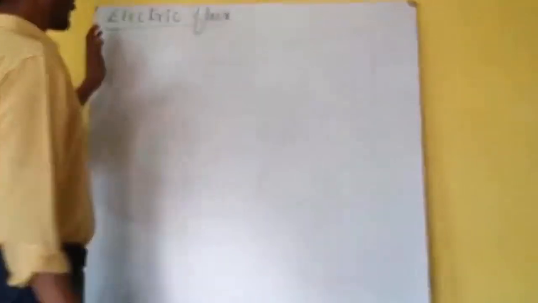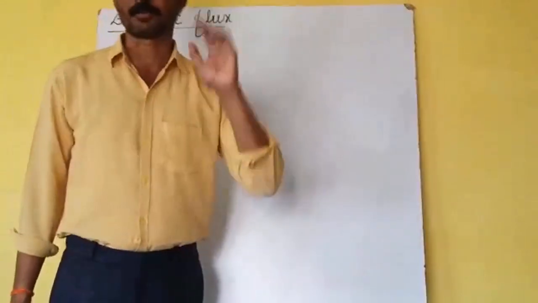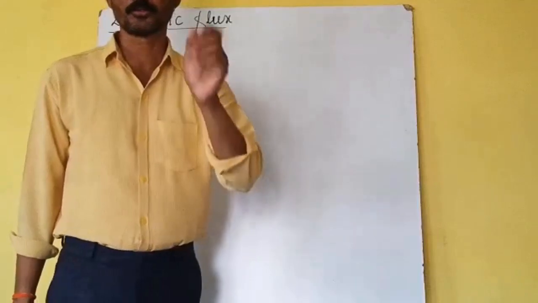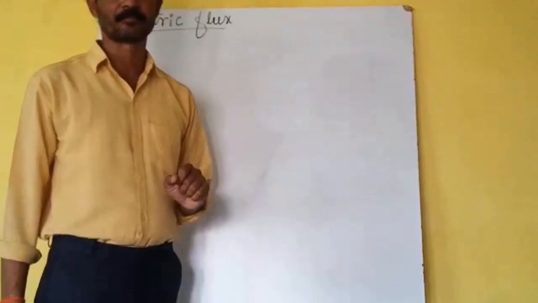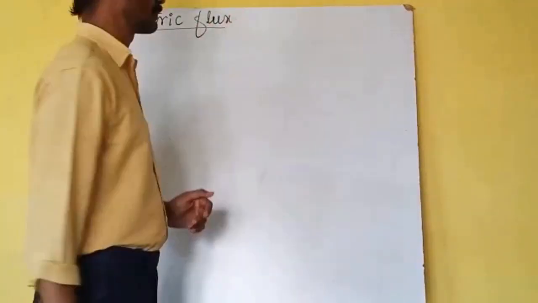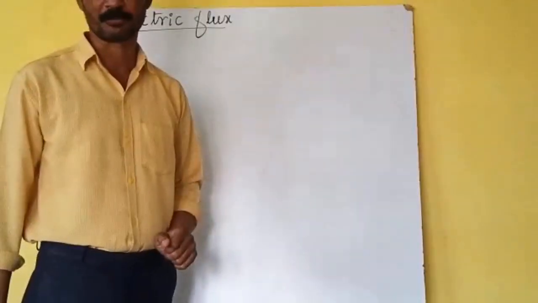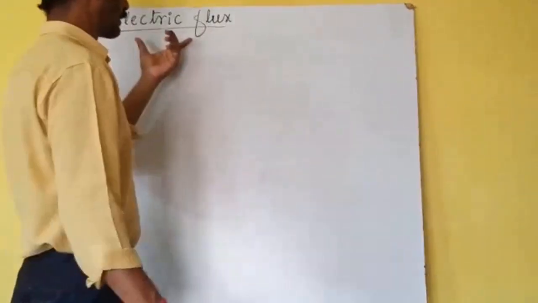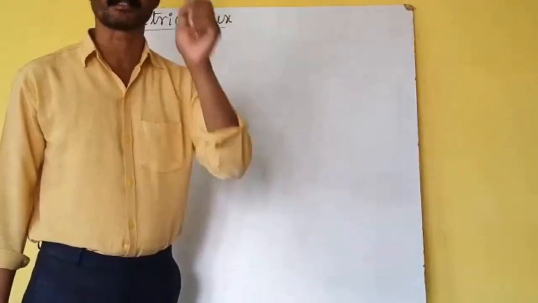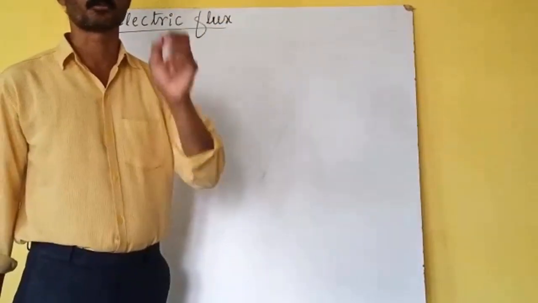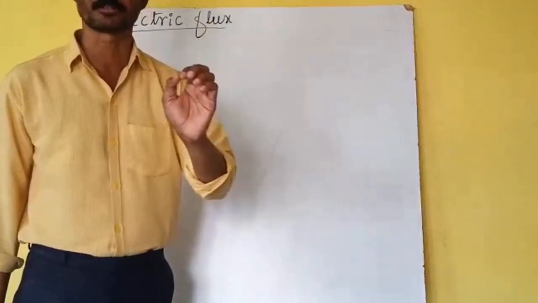The electric flux through a given surface area is defined as the number of electric field lines passing normally through that given surface area.